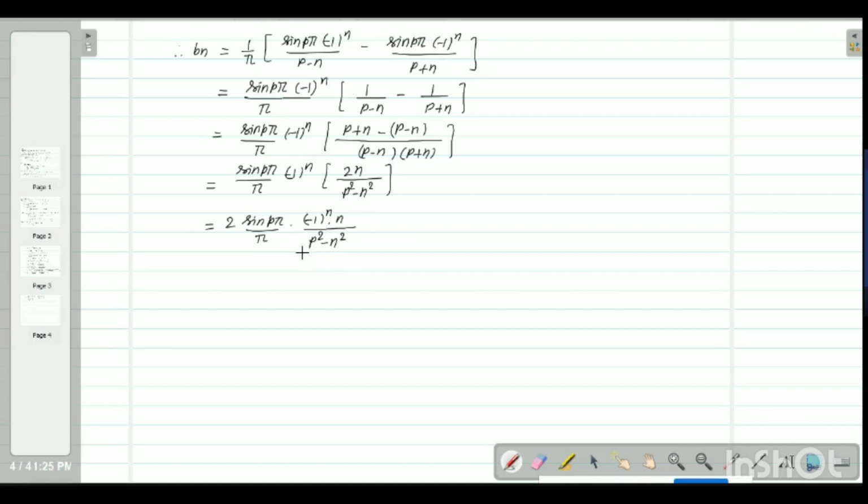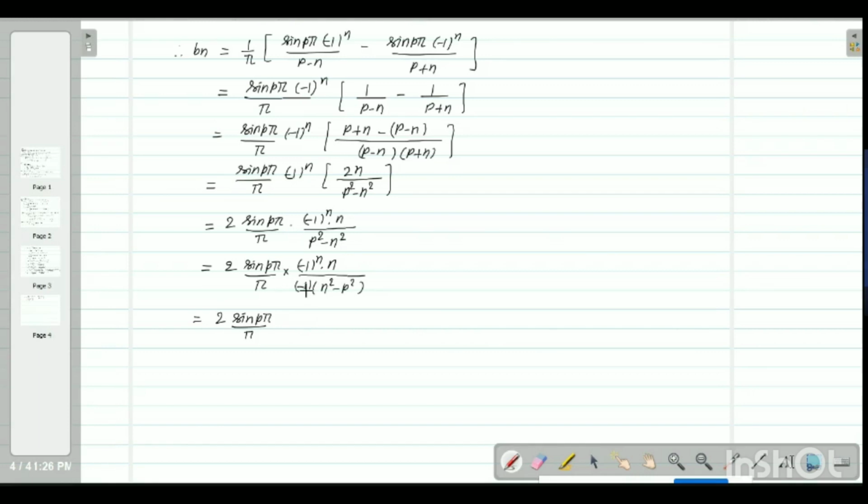I'm taking the minus sign outside, so this is 2 sin pπ by π, (minus 1) raised to n into n, divide by, taking the minus sign common, n square minus p square. So we take minus 1 common.